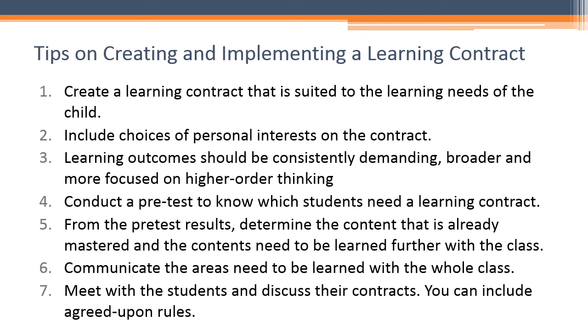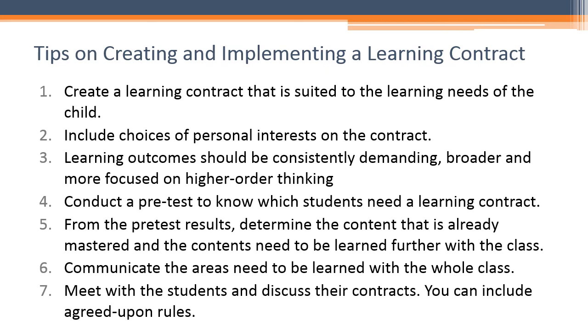Now, conduct a pre-test to know which students need a learning contract. Fifth, from the pre-test results, determine the content that is already mastered and the contents that need to be learned further with the class. Because it's not always possible na alam na lahat ng isang batang gifted ang lahat. May mga points pa rin na hindi niya alam at kailangan niyang sumali sa whole class instruction. Okay?